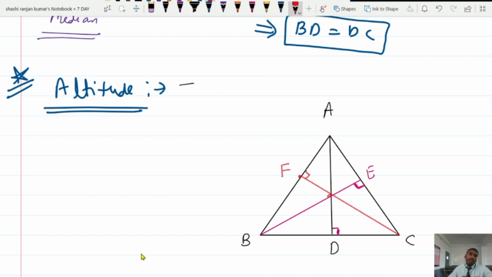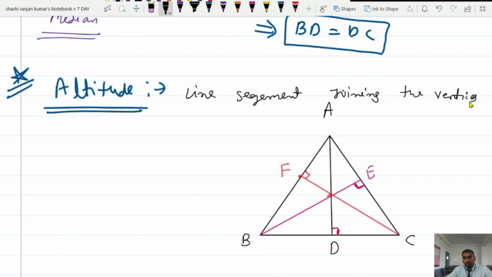So what can we write for altitude? An altitude is a line segment, the perpendicular line segment joining the vertex to the opposite side, such that it is perpendicular to the opposite side.